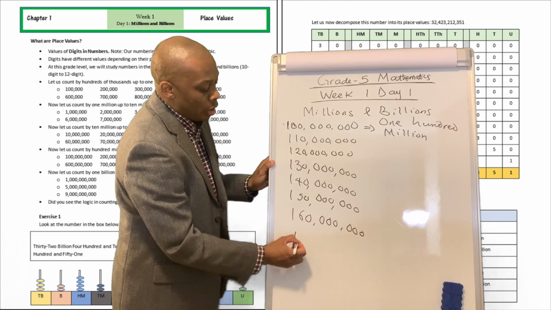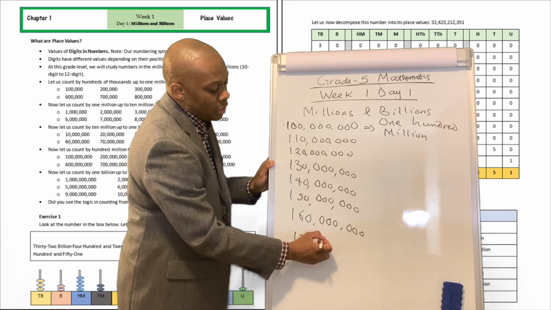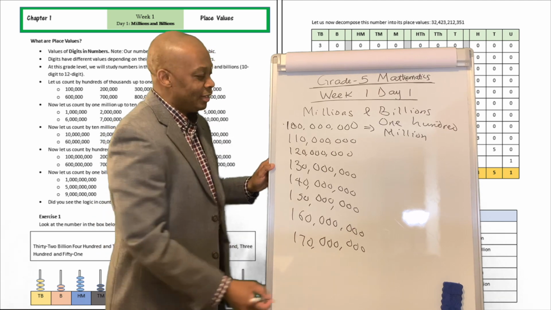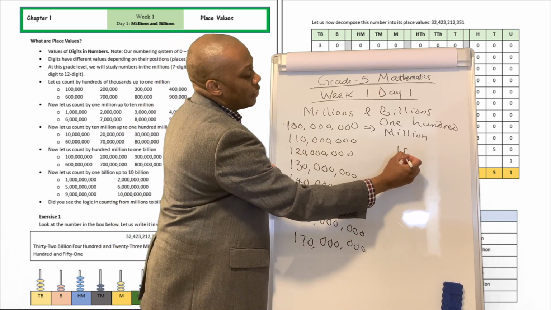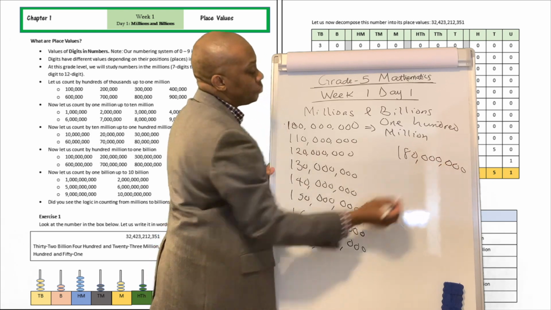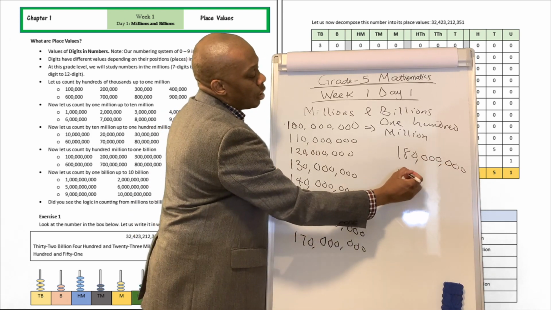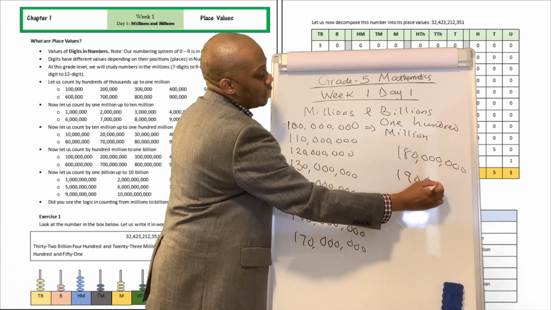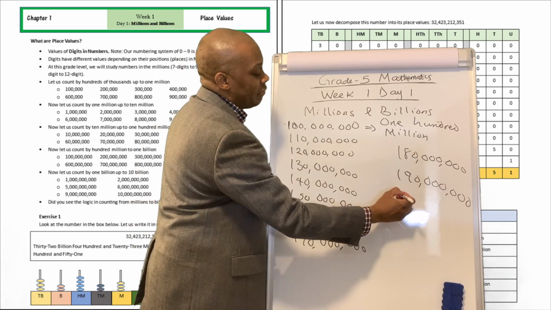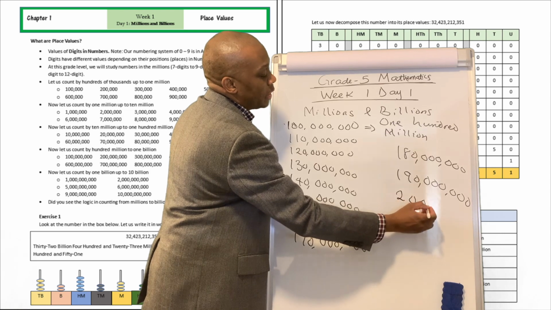Right, 170 million. All right, 180 million. All right, 190 million. And finally, 200 million.